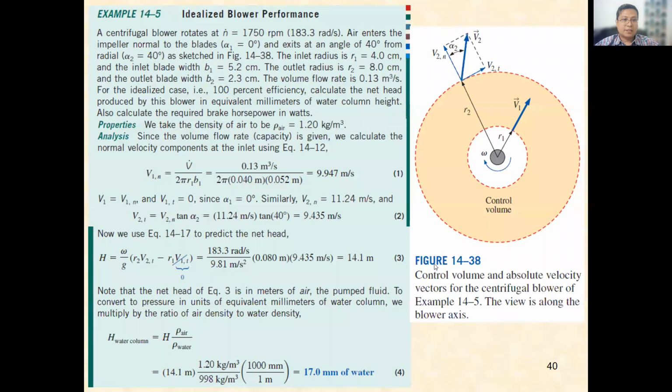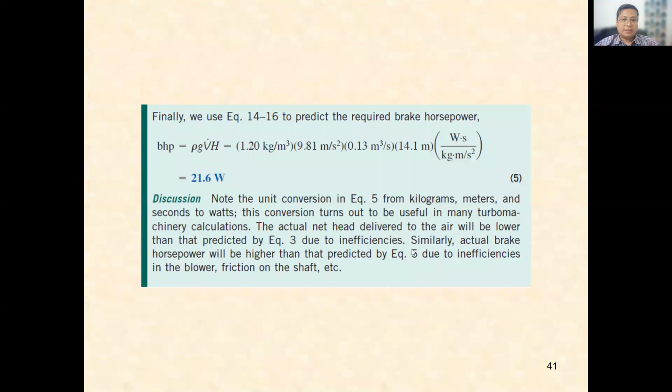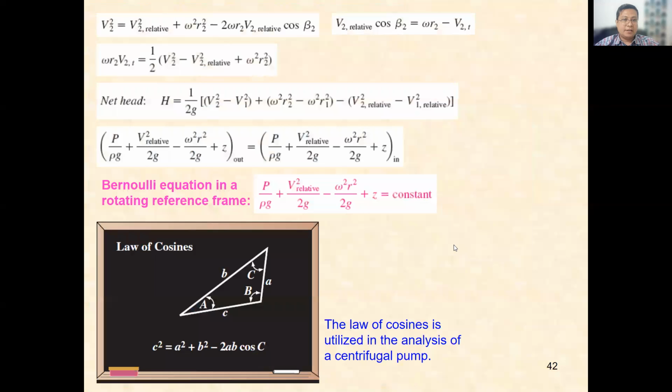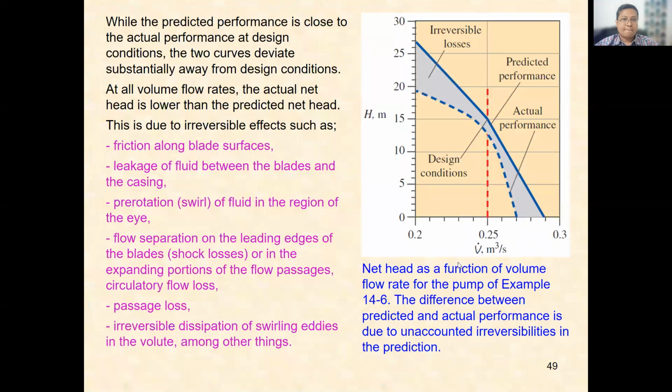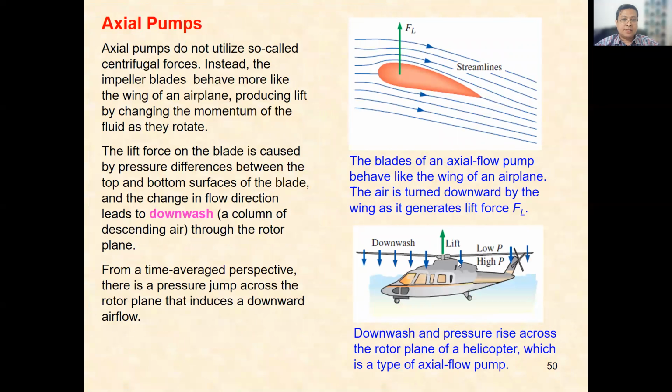So example, how to calculate the shaft of the radial pump. Axial pump: we use the same blade as provided in the airfoil. We have a contour similar to the airfoil.